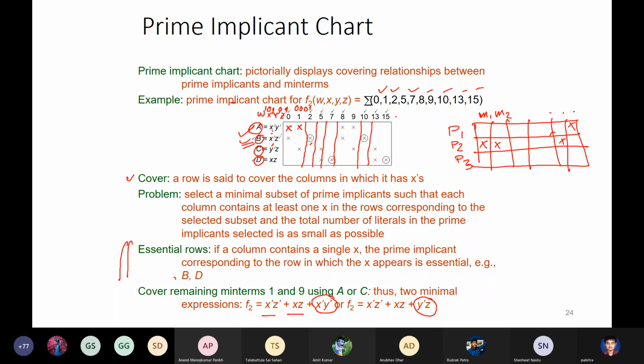As a first cut, the essential prime implicants have to be there. Now how should I choose the remaining non-essential prime implicants, such that all the columns are covered? Essentials are anyway there. You cannot do away with them. So that's fixed.